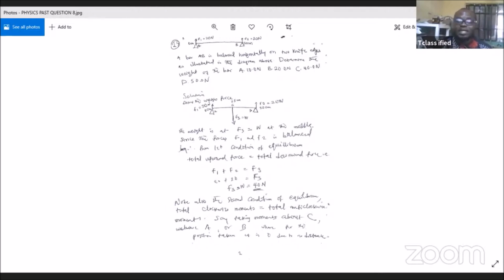The options are A, 1,358 millimeter, B, 957 millimeter, C, 760 millimeter, and D, 638 millimeter.